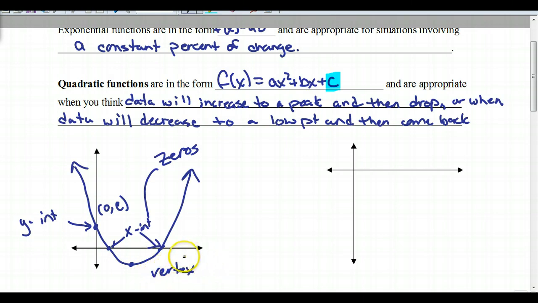And in this case, is it a maximum point or a minimum point? This one's a minimum. Okay? Do you guys remember what goes through the vertex? Oh, I know, there's the line of symmetry. Yes, this is a line of symmetry. Okay? Line of symmetry.